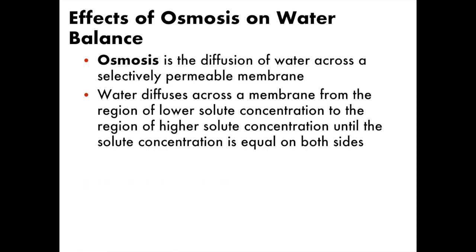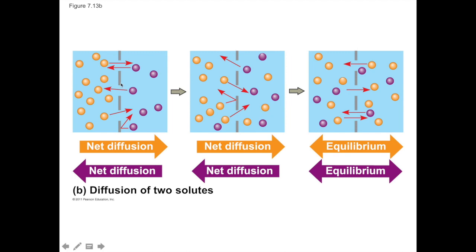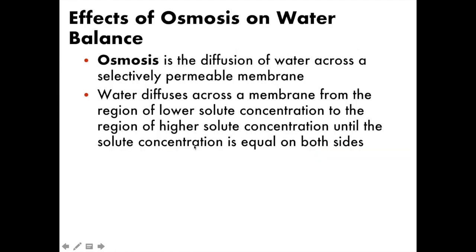So imagine in this example that these particles cannot cross that membrane, but water can. So water is going to eventually come to equilibrium by diluting whatever solute particles are on a particular side of that membrane.